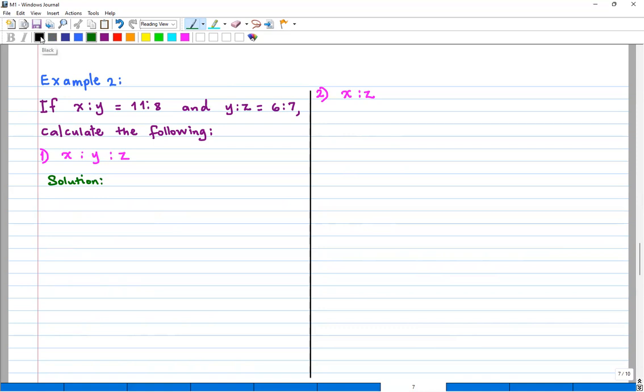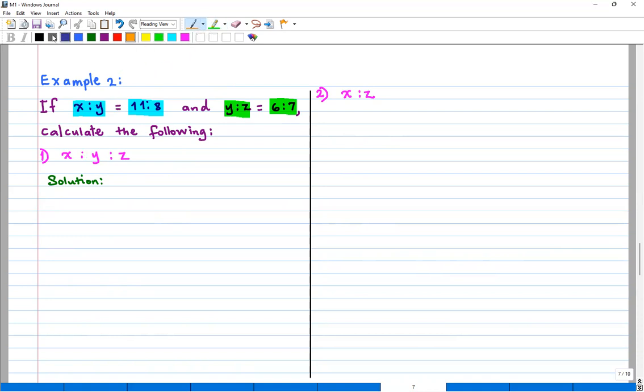We have been told that x to y is 11 to 8, but y to z is 6 to 7. How can we know x to y to z?